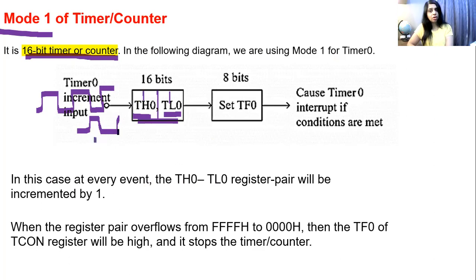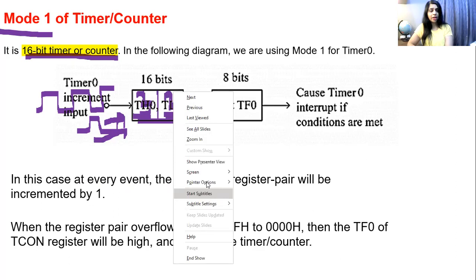When the second clock pulse enters, this will become 2, this will also become 2. I am telling you in hexadecimal; actually it becomes 0001 1011 like this. When the third clock enters, this will become 3 and this will also become 3. That means in each case, at every event, both TH0 and TL0 registers of the pair will increment by 1.